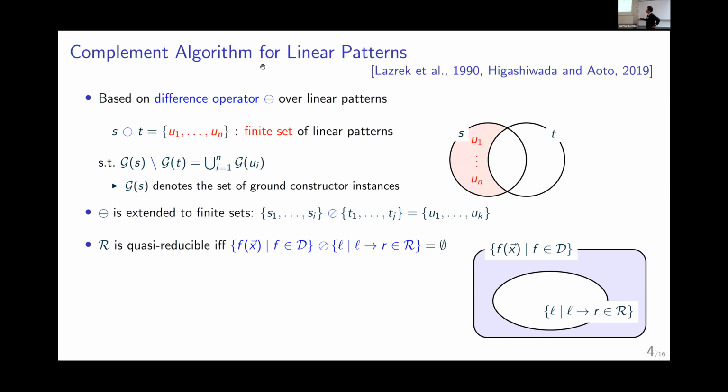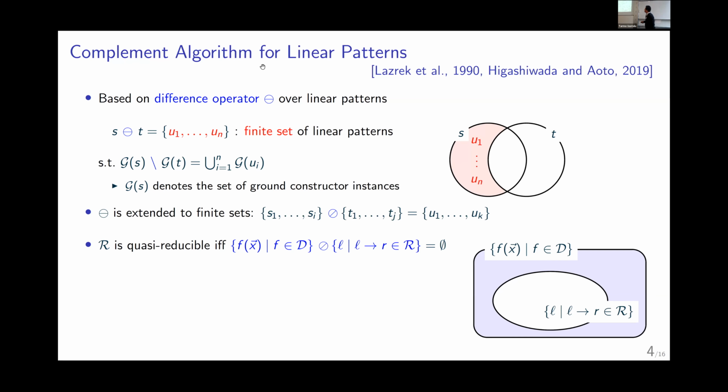The first element of the operator represents all ground constructor patterns, and the second element represents all ground patterns defined by the system, and then this blue part computes the complement, this blue area, and this area is empty, and then there are no undefined patterns, and then the system is quasi-reducible.